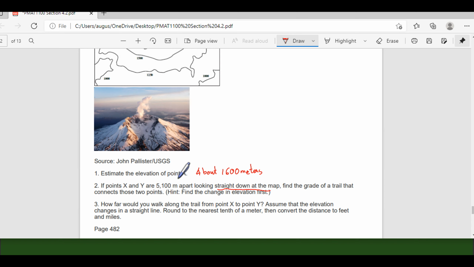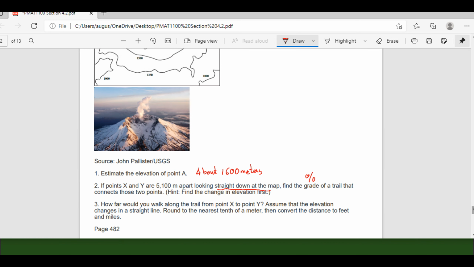Then they ask for the grade, the percentage, of the trail that connects these two points. Finding the grade means finding the change in elevation first.